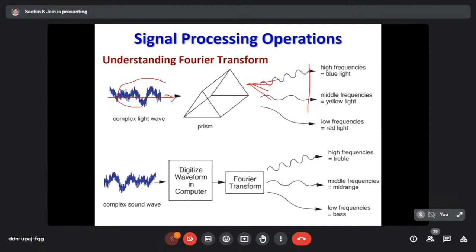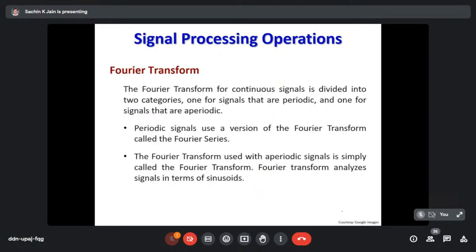The same is true when a signal has multiple frequency components. When we use the Fourier transform, it provides the individual constituents in terms of different frequencies. For example, if it is a complex sound wave, it will give you what the treble, the mid range, and the bass are of that speech or sound wave signal.